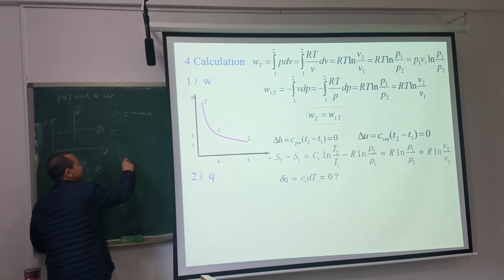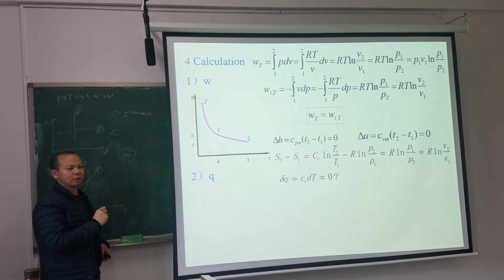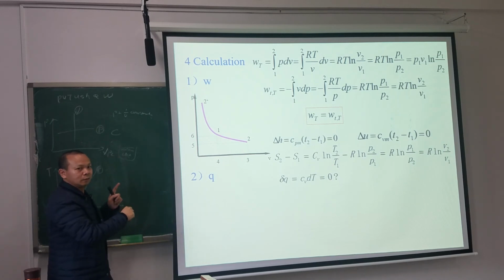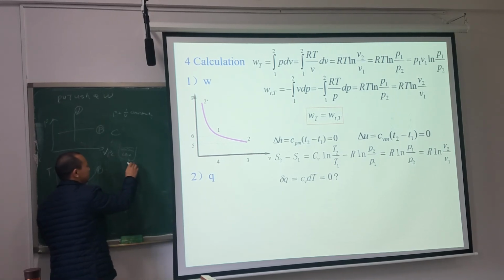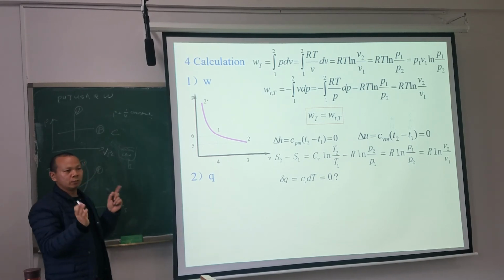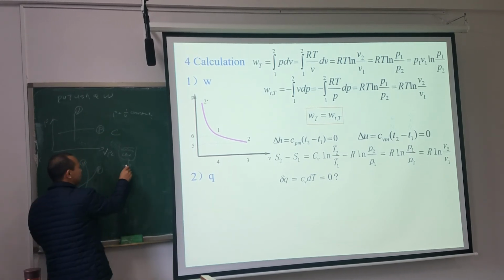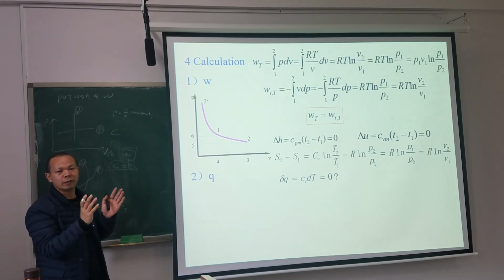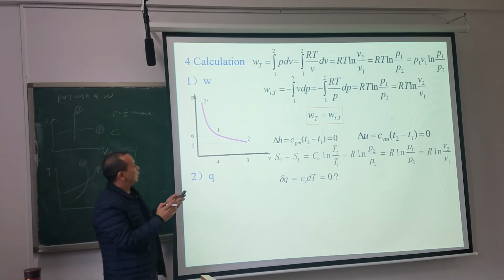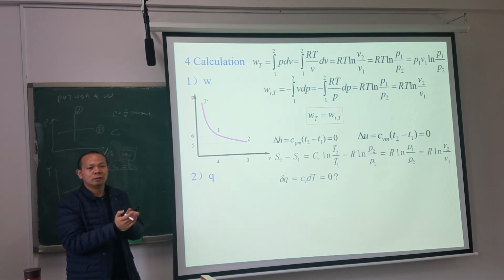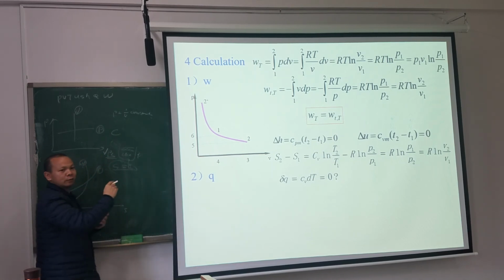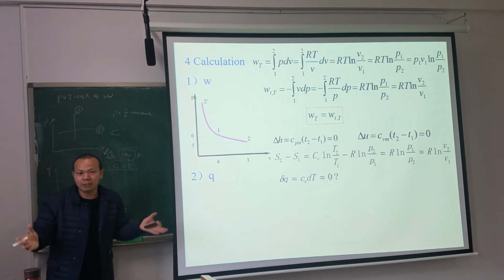For a system, if there is a unit mass, and there is a temperature increase of 1 degree, the heat the system needs to absorb is equal to C. This is the definition of C, a specific heat. For a constant temperature process, the temperature cannot be increased. The temperature will not change.